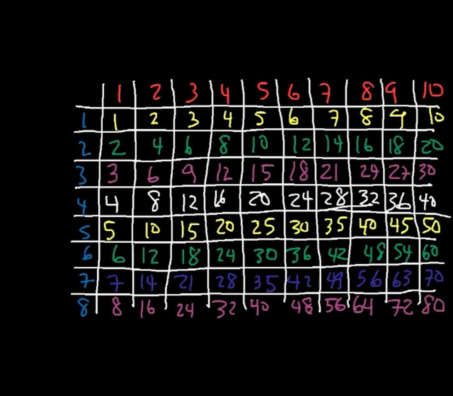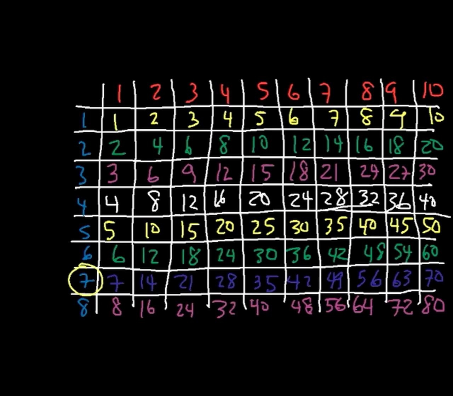So let's say if you wish to multiply 6 times 8. You would go on the 6th row and stop once you reach the 8 column. So 6 times 8 is 48. Now let's say you want to multiply 7 times 9.